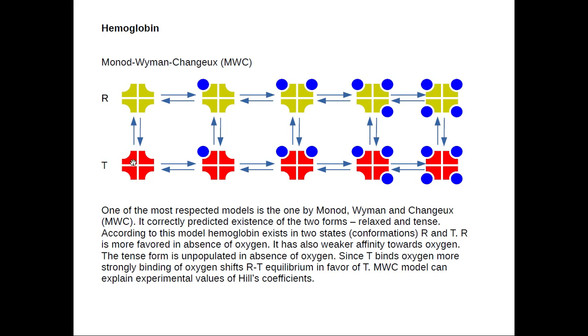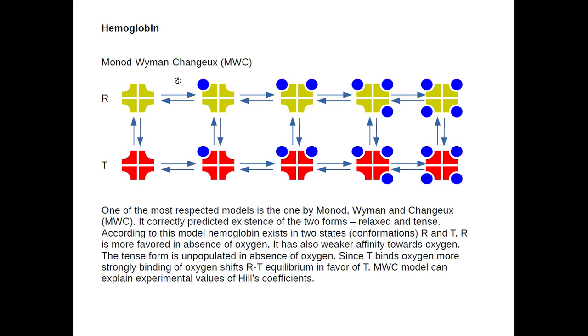I'm afraid here again it's swapped, so the tense state is more favored in the absence of oxygen. Both these forms can bind oxygen, but with a different affinity. So the relaxed state binds oxygen with a little bit stronger affinity than the tense state.